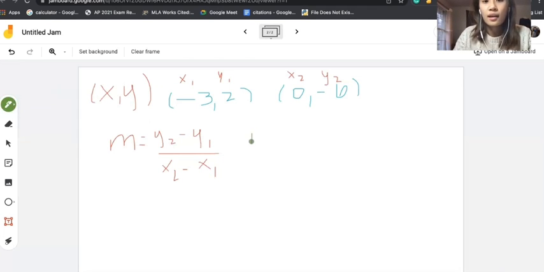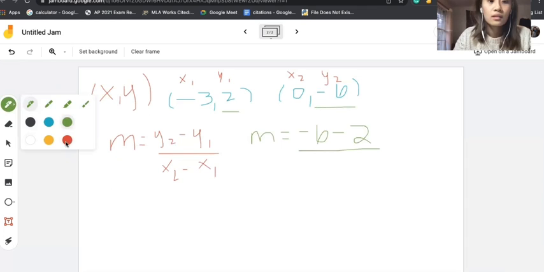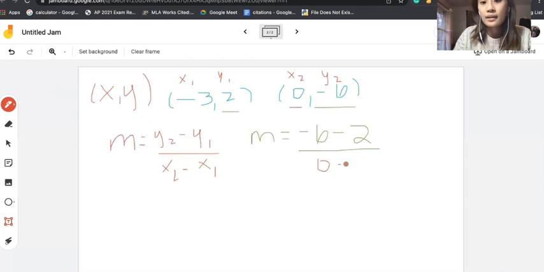So m equals y2 in this case is -6, y1 in this case is 2, all over our x2 value, which is 0, minus our x1 value, which is -3. Okay, so now we get that m equals -6 minus 2 over 0 minus -3.